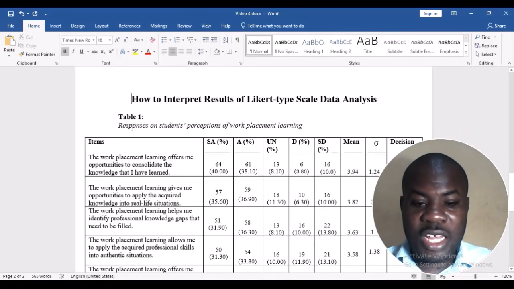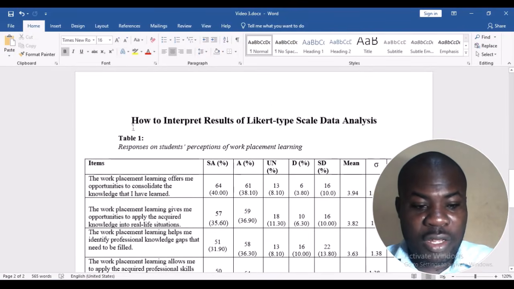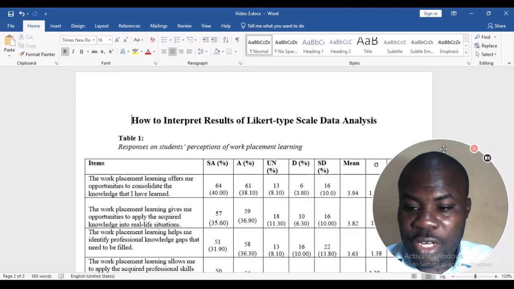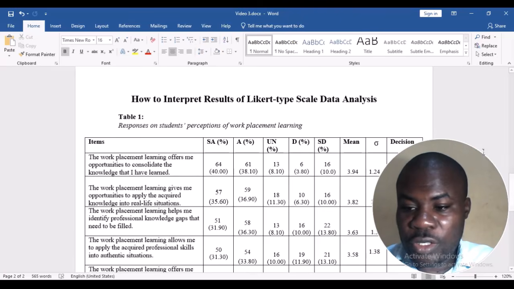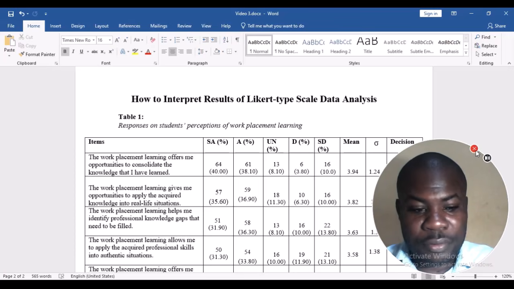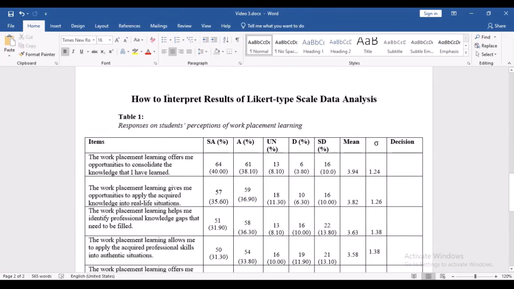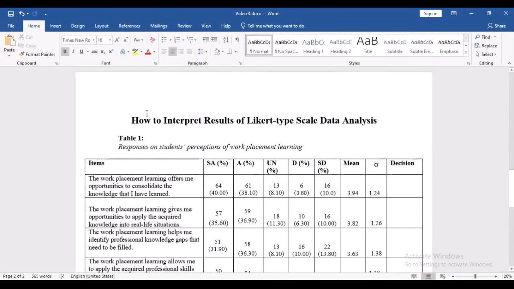Okay, so here, this is the output that I have tried to present to you. This is Microsoft Word. This is the output that I've already produced from the data set, and I tagged it Table 1, responses on students' perception of work placement learning.